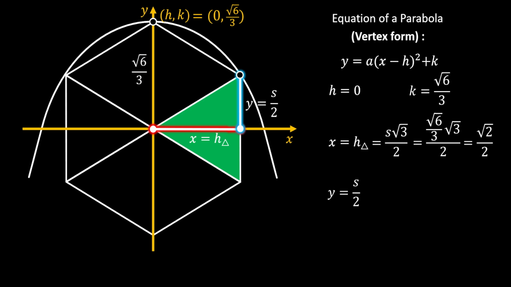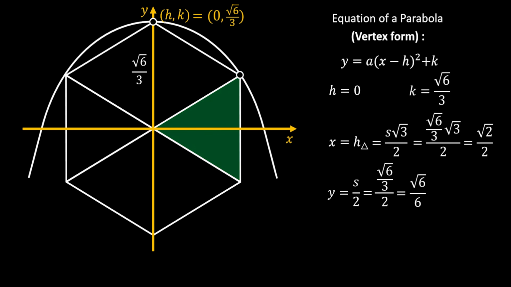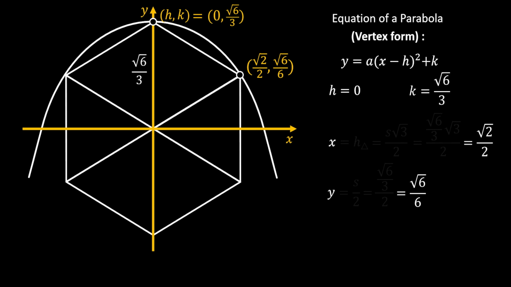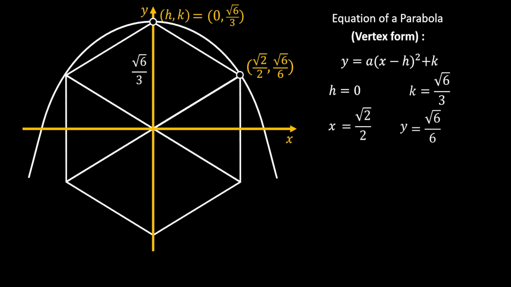If we do the same for the y and substitute the value of the side, we will get that the y-coordinate is equal to square root of 6 over 6. And those are the x and y coordinates of our point. Now, those are exactly the x and y coordinates which we need to substitute into the formula for our parabola.